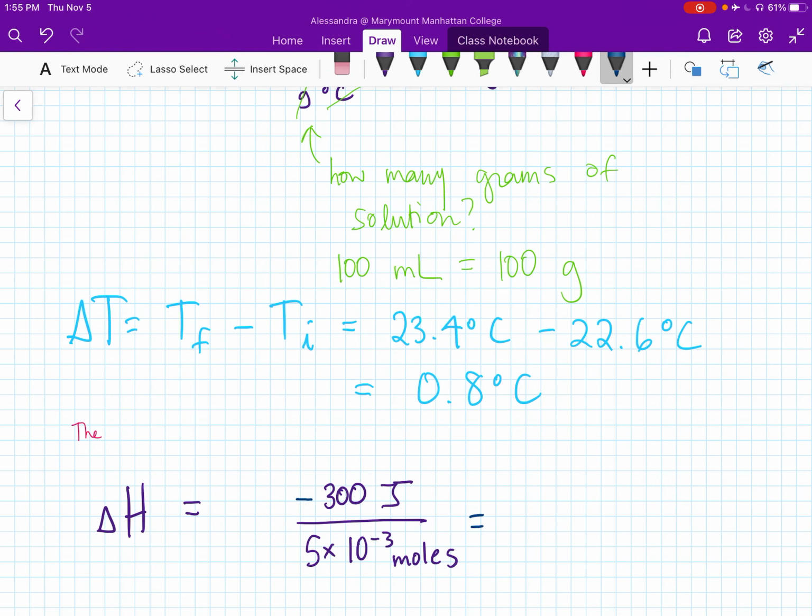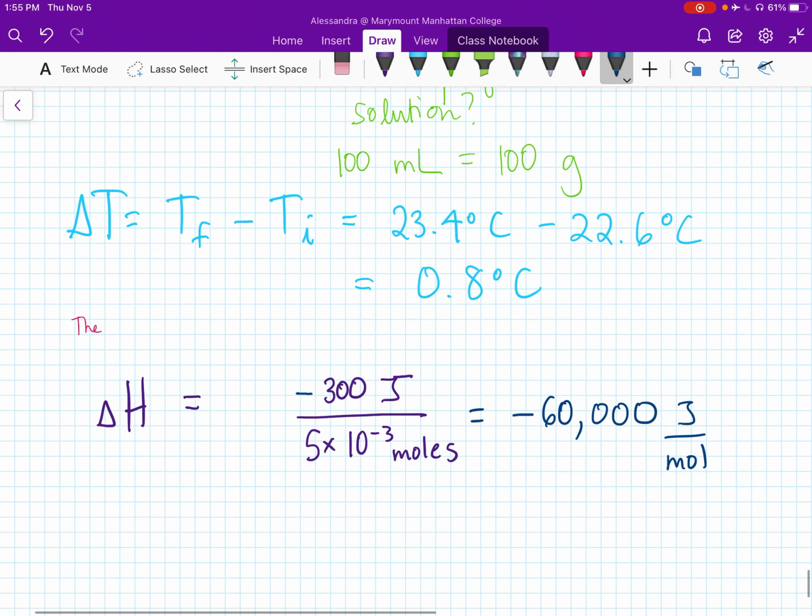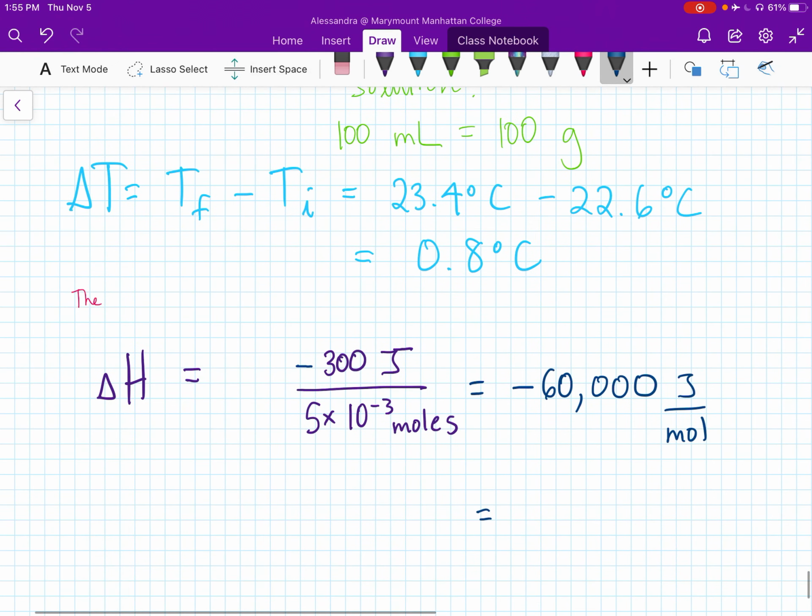So that means this delta H is going to be negative 60,000 joules per mole. And I would scale the unit up a bit to call this minus 60 kilojoules per mole. Okay, and again, it's an exothermic reaction from the point of view of the system.